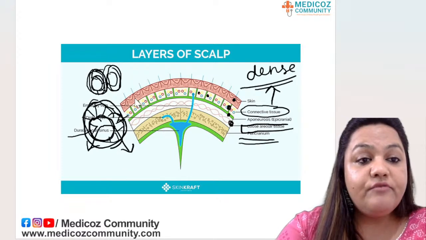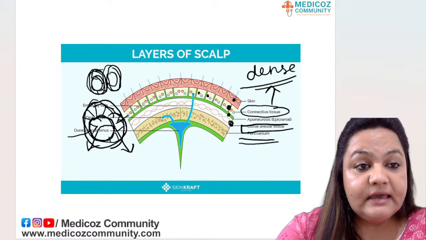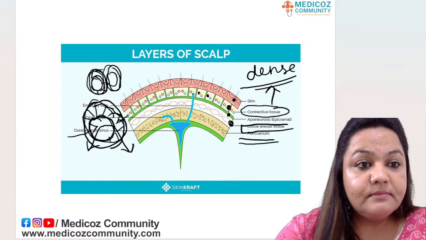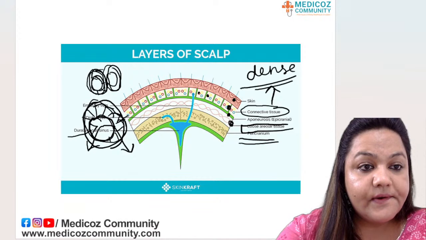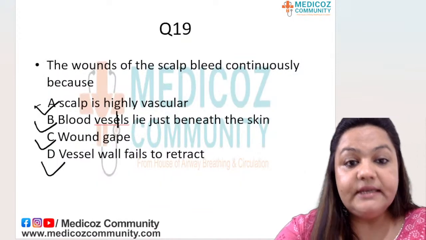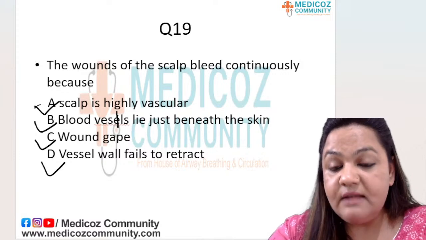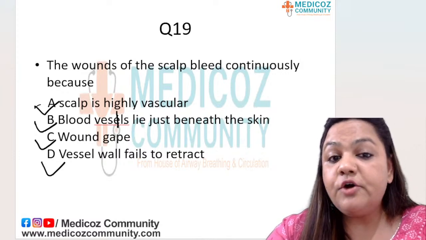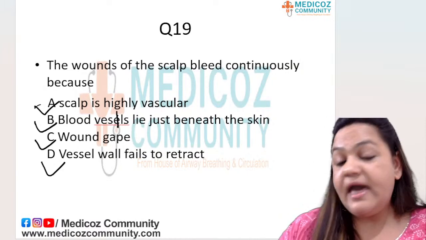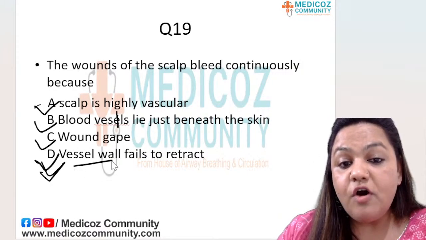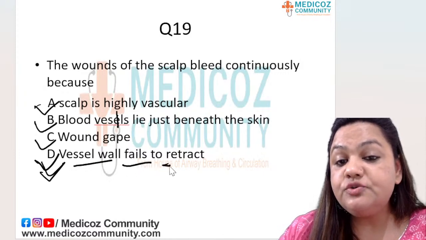Okay, now we will look at the question again. We were at question number 19. If there is any wound in the scalp, bleeding is continuous here. Why? I have mentioned the answer already, that is option D: the wall of the vessels fails to retract.